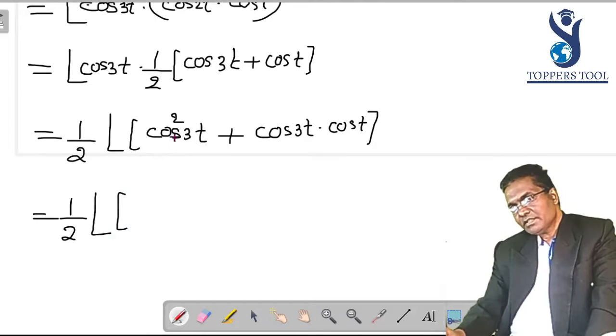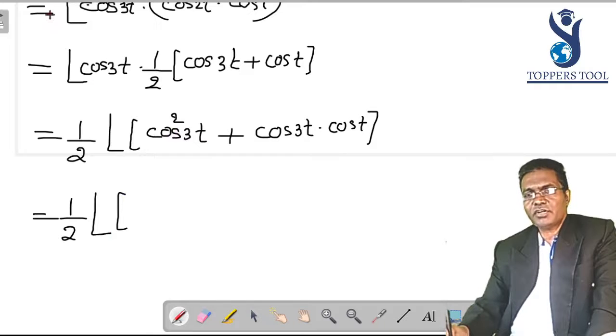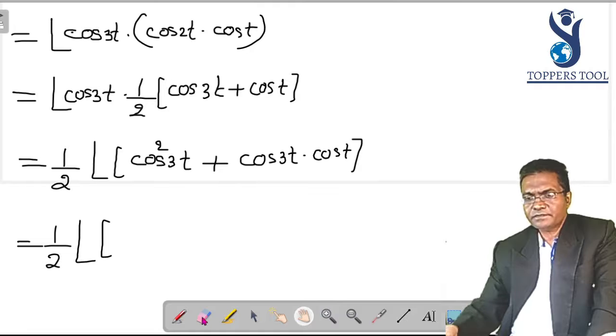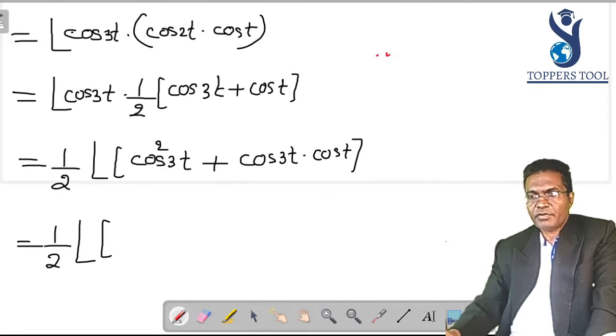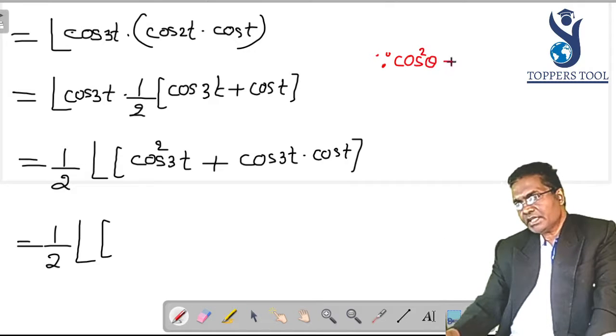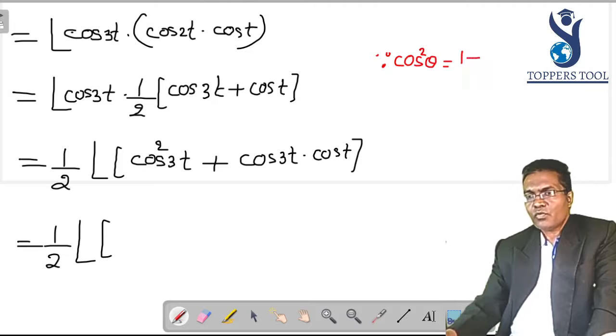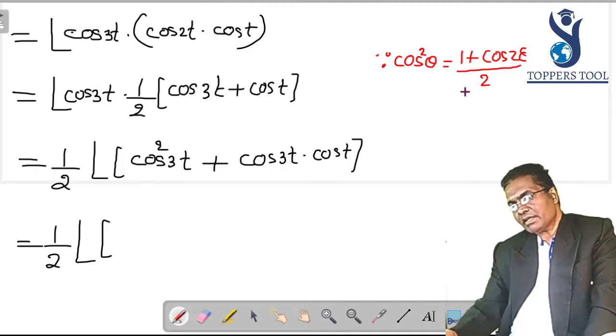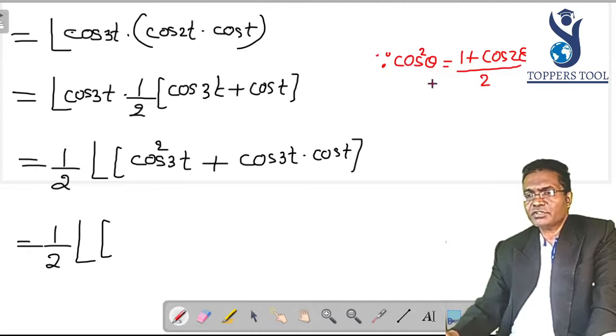Now see here, cos square means cos into cos. There are two ways. One can write directly, cos square theta is 1 plus cos 2 theta by 2. Remember this. Otherwise, you can write cos into cos and apply the same transformation formula.